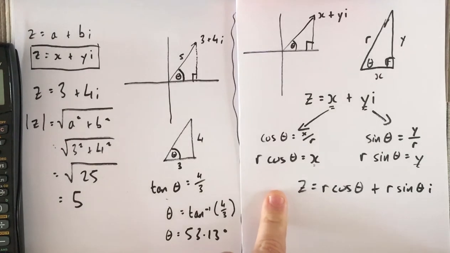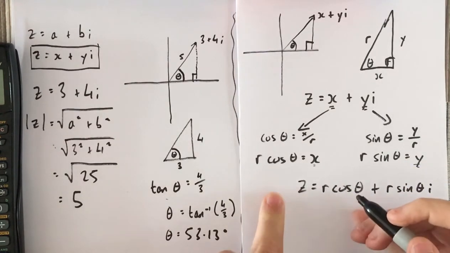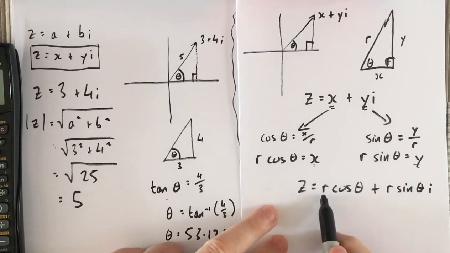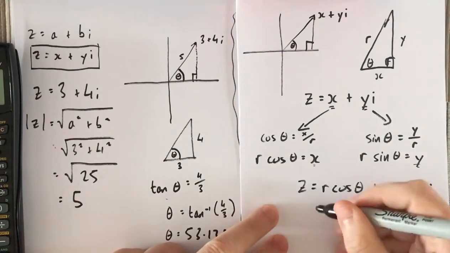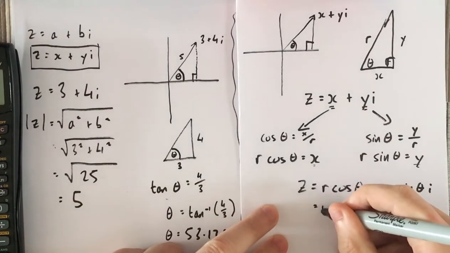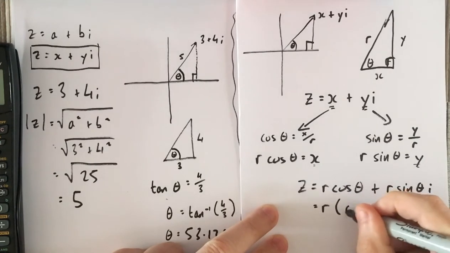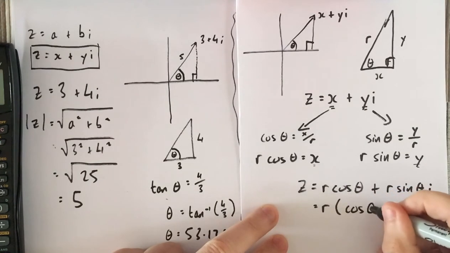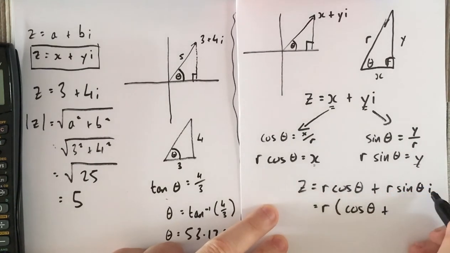This is in polar form. I'm just going to go a couple of steps more. So I've got an r here and an r here, so I'm going to factorize that out. So r times the cos of theta plus, we tend to write the i out in front, i times sine theta.